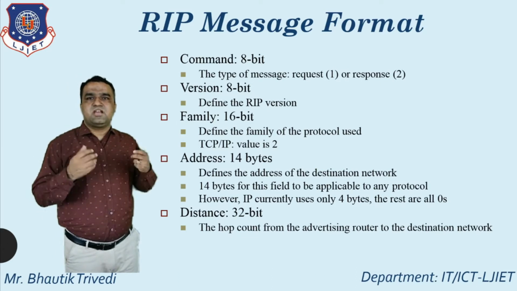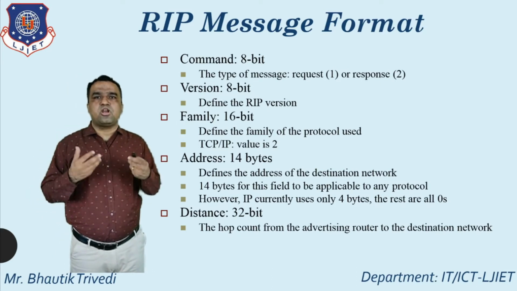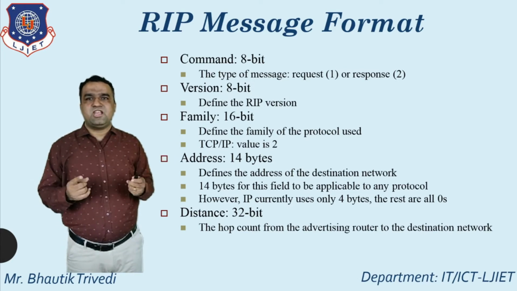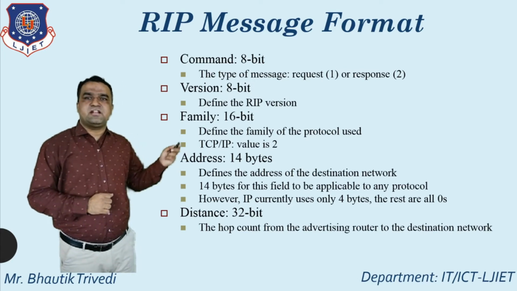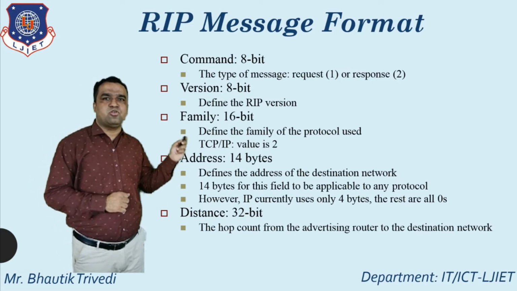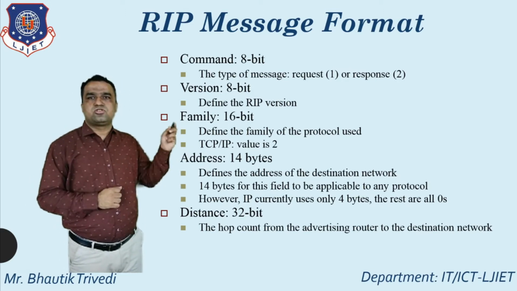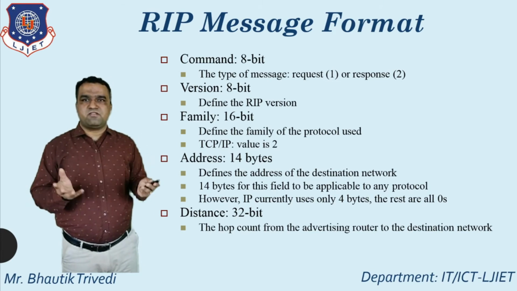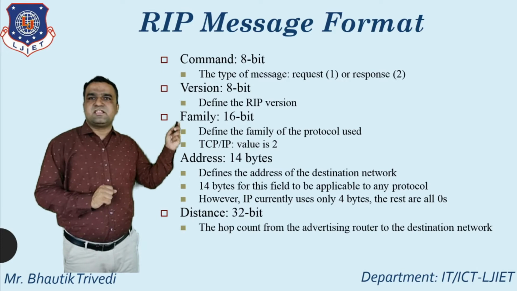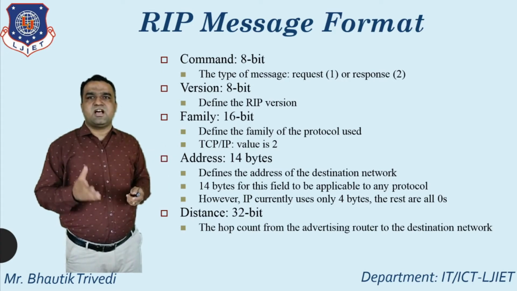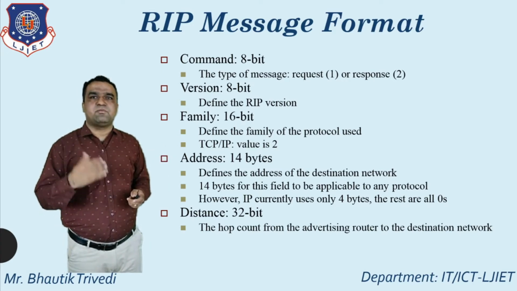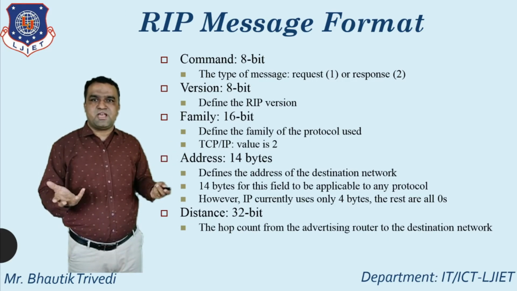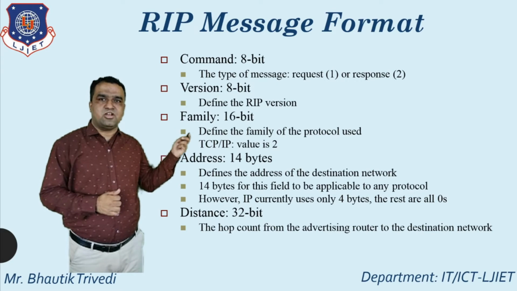Third one is the family. Family defines the family of the protocol used. RIP generally supports the TCP/IP family, and TCP/IP always has the value 2. So remember: first, command is either for a request or a response. Second, version is either RIP version 1 or RIP version 2. Third, family means TCP/IP, with value 2.